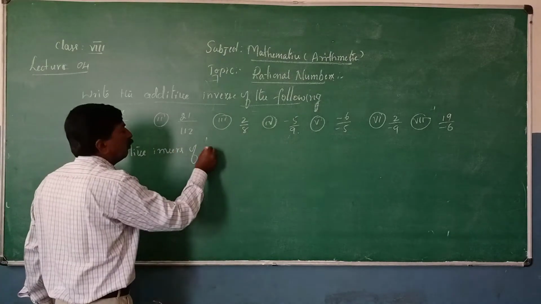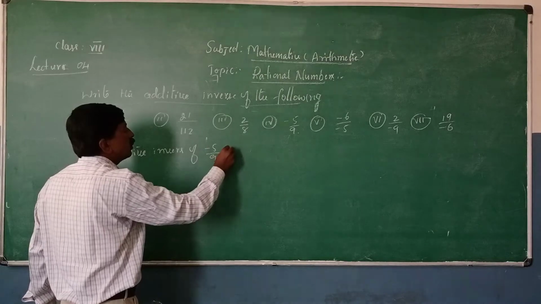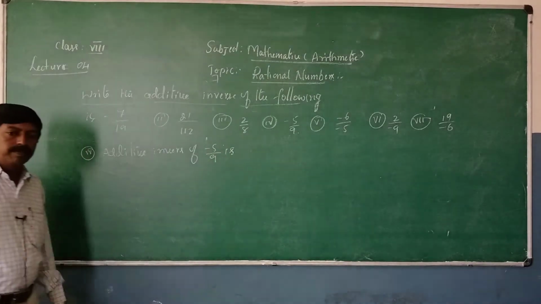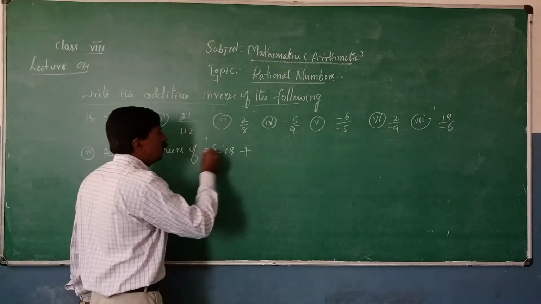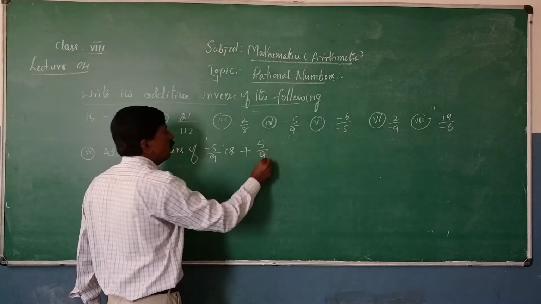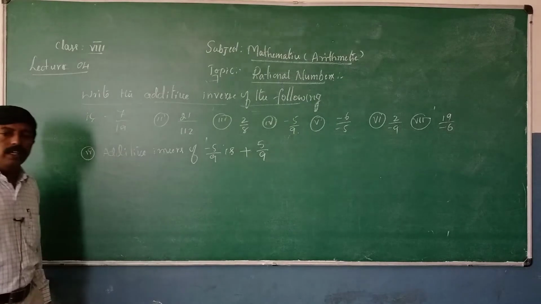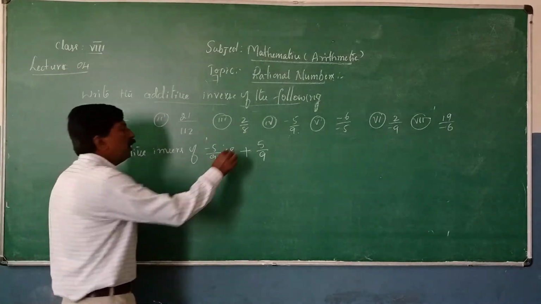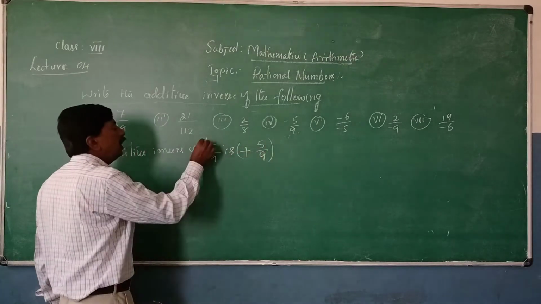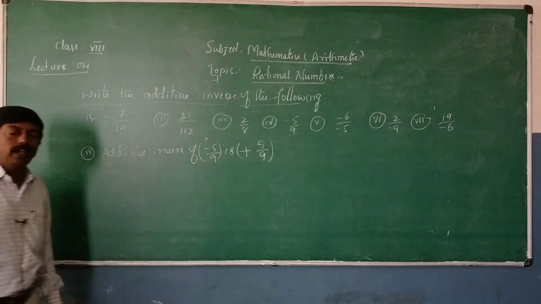It's very easy. For the opposite sign it is plus, the number as it is. So minus 5 by 9, its additive inverse is plus 5 by 9.